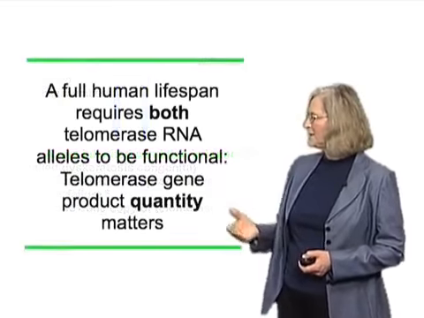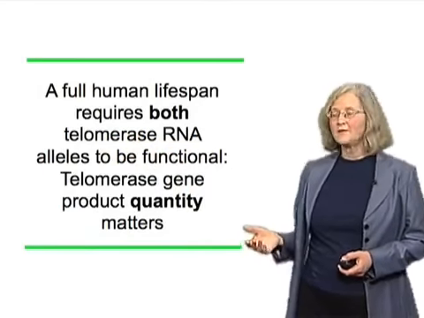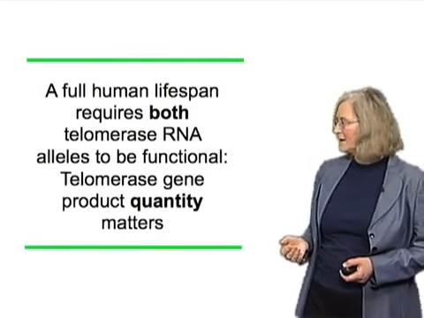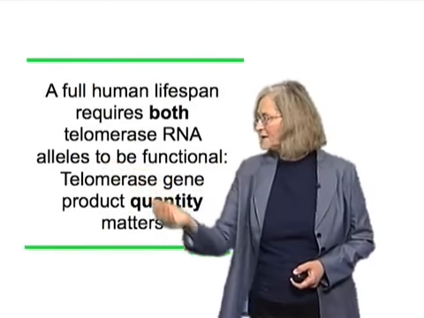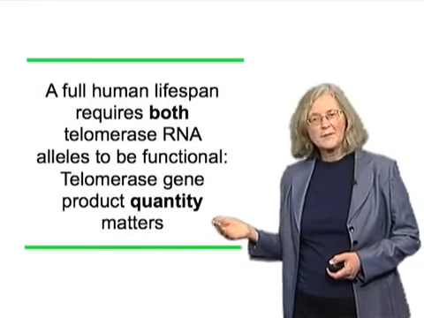The important message is that to get through a healthy, full human lifespan requires both the telomerase RNA alleles, that means gene copies, to be functional. That means the quantity of the gene product matters.